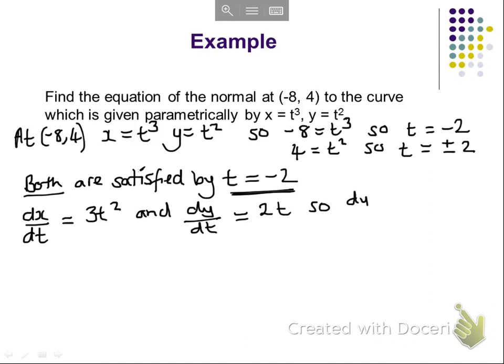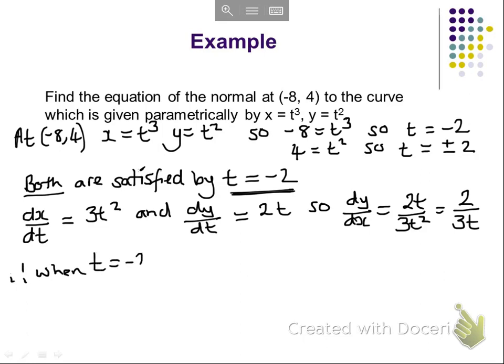Therefore, dy by dx will equal 2t over 3t squared, which simplifies down to 2 over 3t. So at the point when t equals minus 2, dy by dx will equal 2 divided by minus 6, which is minus 1/3.